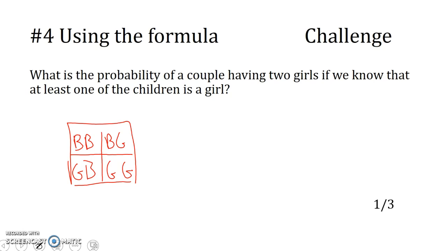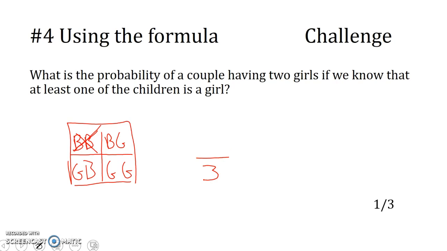So it says, what is the probability of a couple having two girls if we know that at least one of the children is a girl? Well, that rules out this possibility, because not any of the children would be a girl. So we know that at least one of the children is a girl, but we don't know if it's the oldest one or the youngest one. So there's a possibility of three things occurring here.